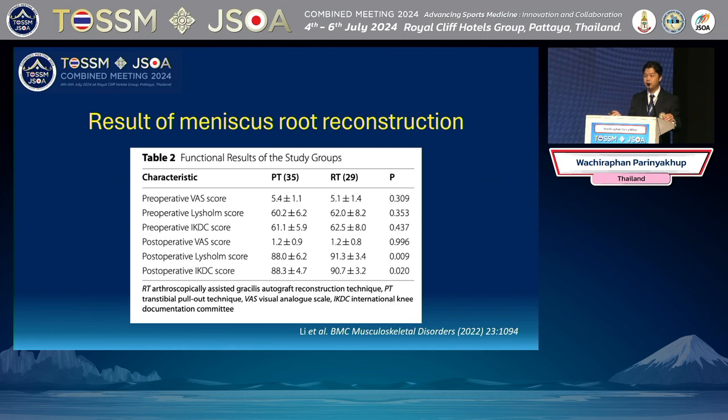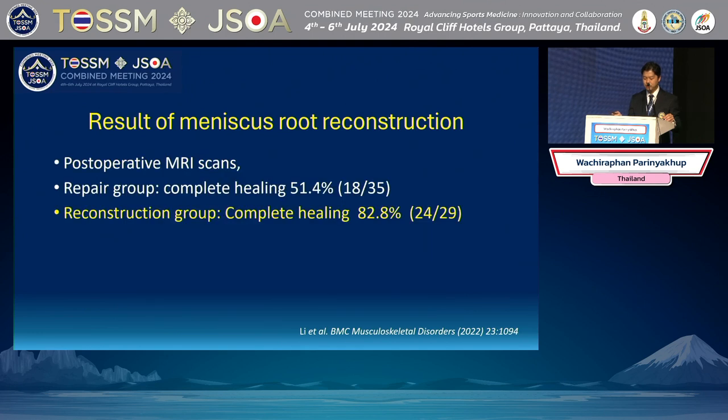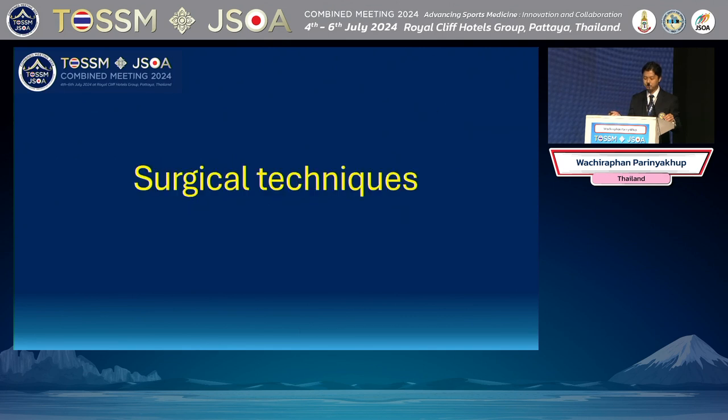But when comparing repair and reconstruction, the Lysholm score and IKDC score in the reconstruction group are quite a bit better than the repair group. On MRI, the reconstruction group showed complete healing in 82%, much better healing than the repair group.